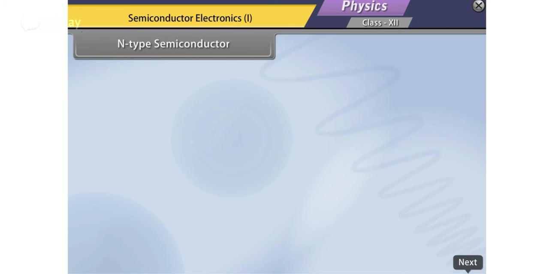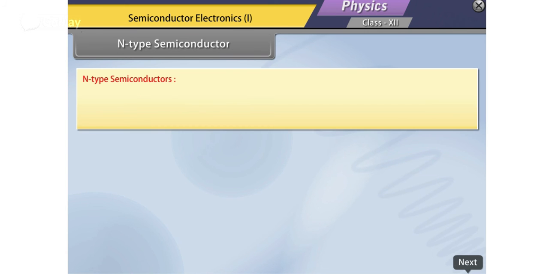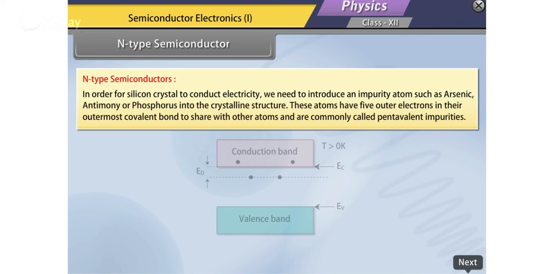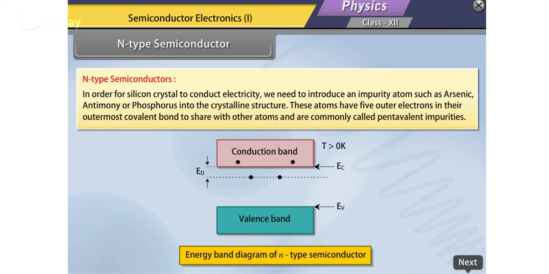N-type semiconductors. In order for silicon crystal to conduct electricity, we need to introduce an impurity atom such as arsenic, antimony, or phosphorus into the crystalline structure.